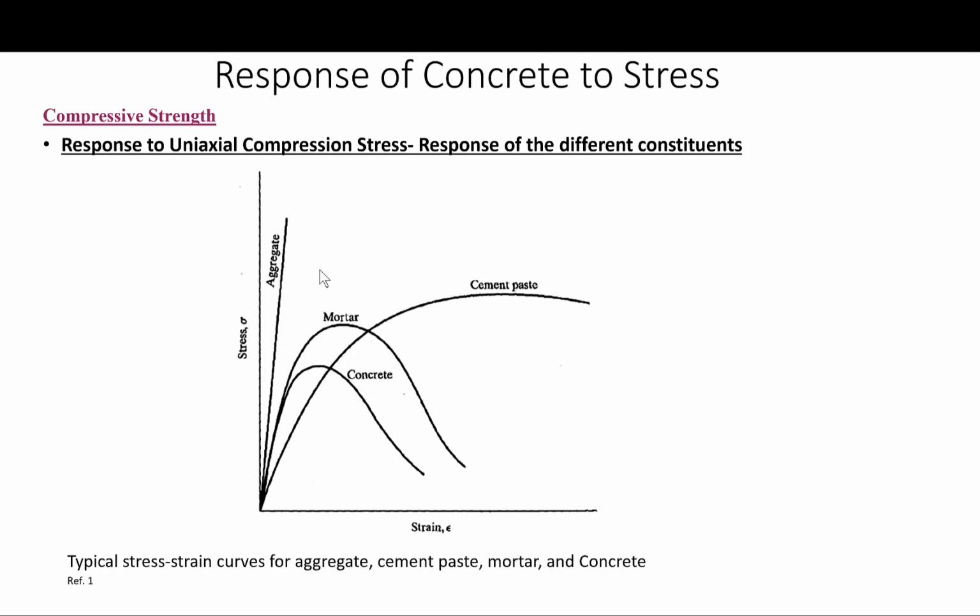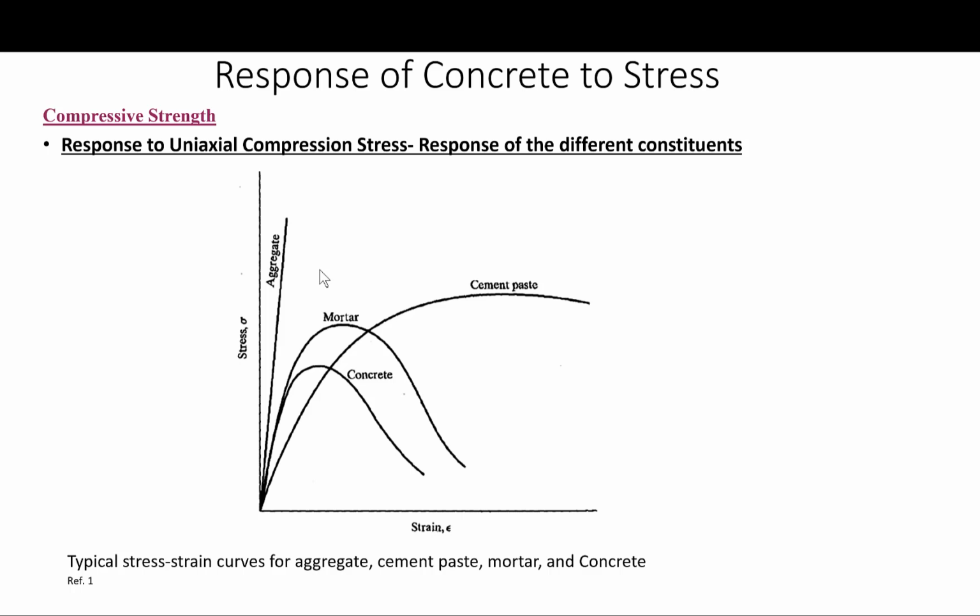However, most of these microcracks are bond cracks at the interfacial transition zone, which are due not only to differences in elastic moduli between the hardened cement paste and the aggregate, but also to different coefficients of thermal expansion and different responses to changes in moisture content, various reasons.